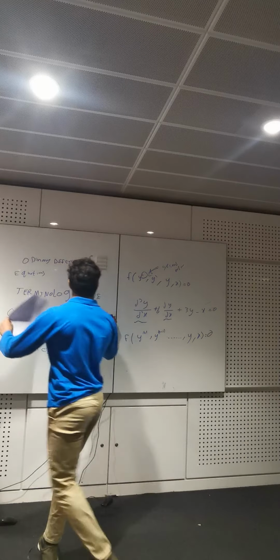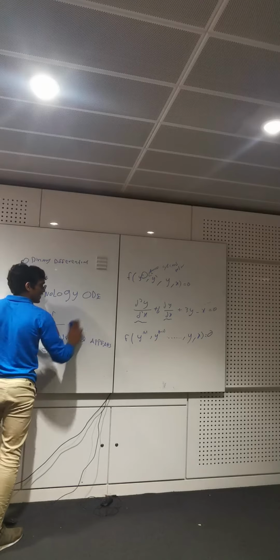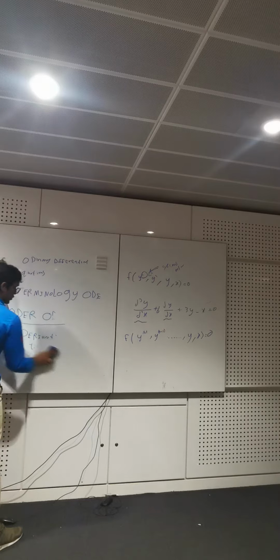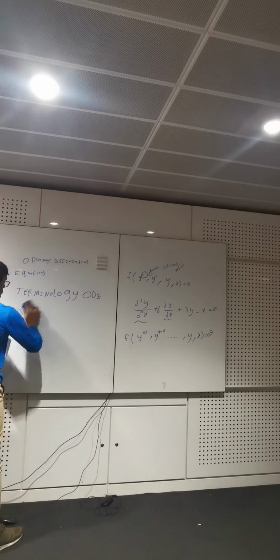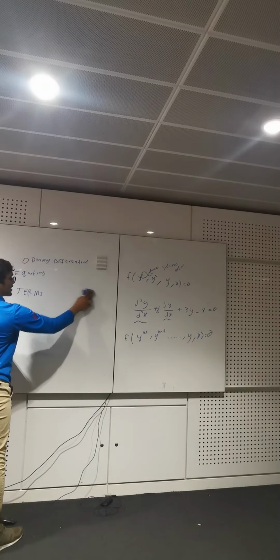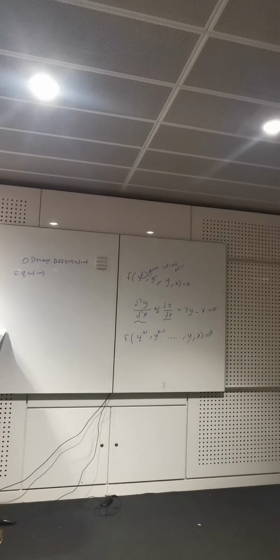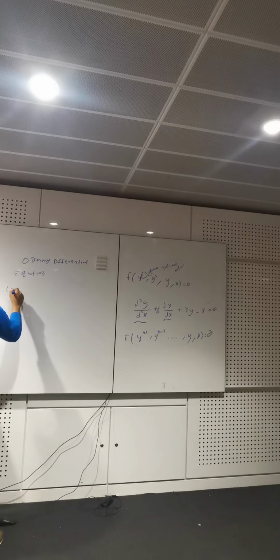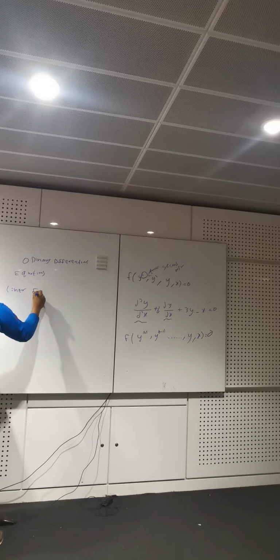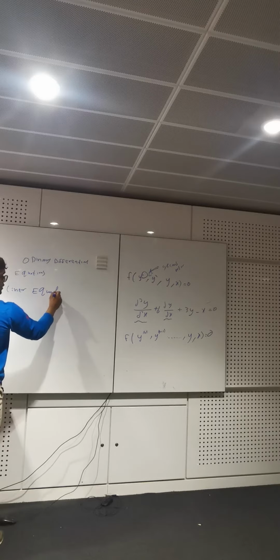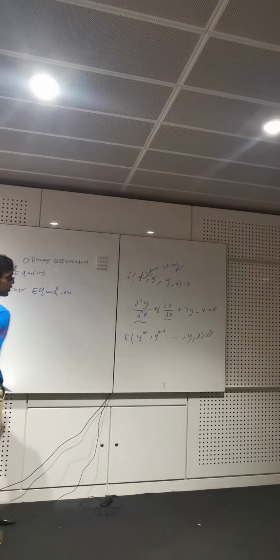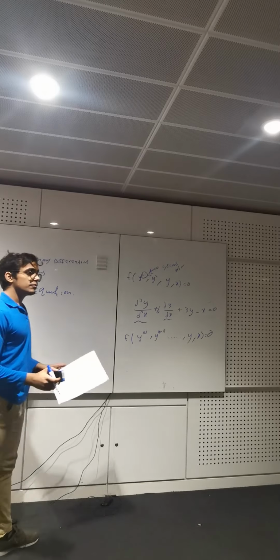Another thing that it's good to know, because you're going to encounter it a lot until you know it, is something called linearity, or a linear equation. A linear equation is an ODE that's linear.